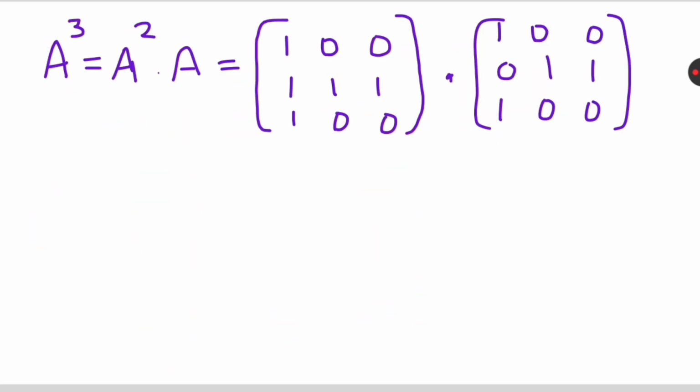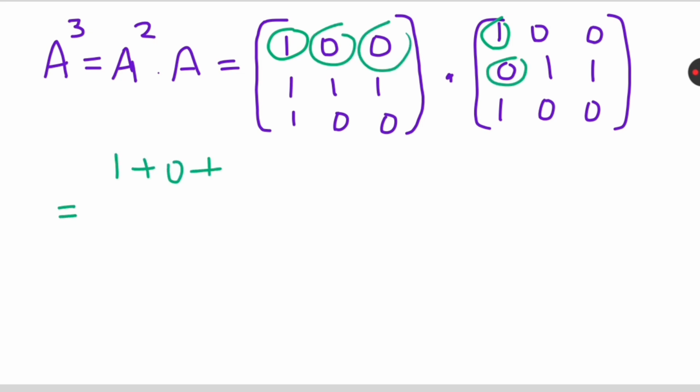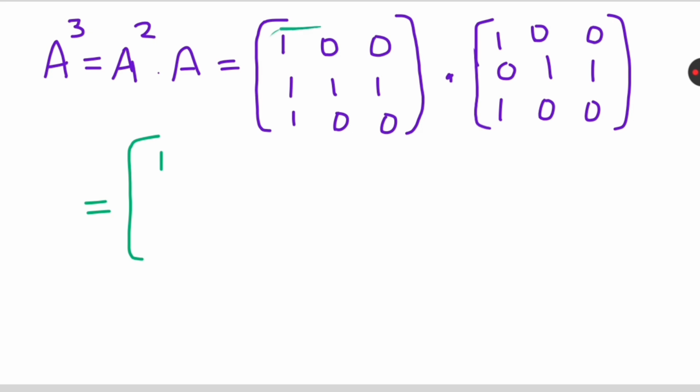So let's do multiply here also. First we have to do with the first row and first column. 1 times 1, which is 1, plus 0 times 0, 0, plus 0 times 1, which is 0. So 1 plus 0, which gives only 1. So just simply write 1 here. Now we have to observe the first row and second column.